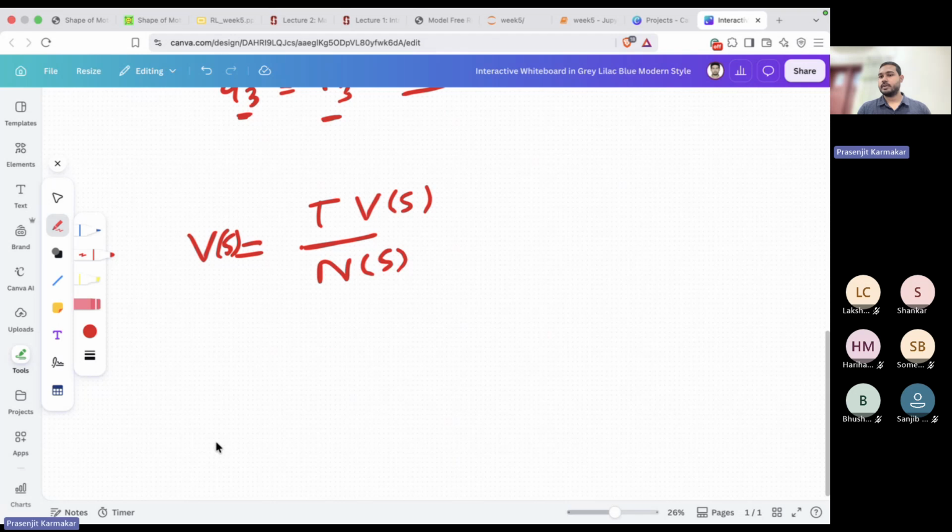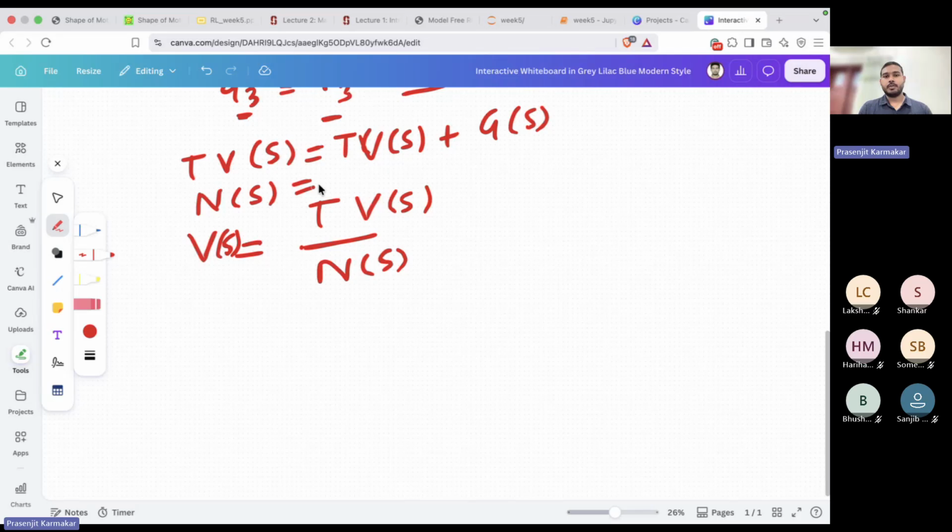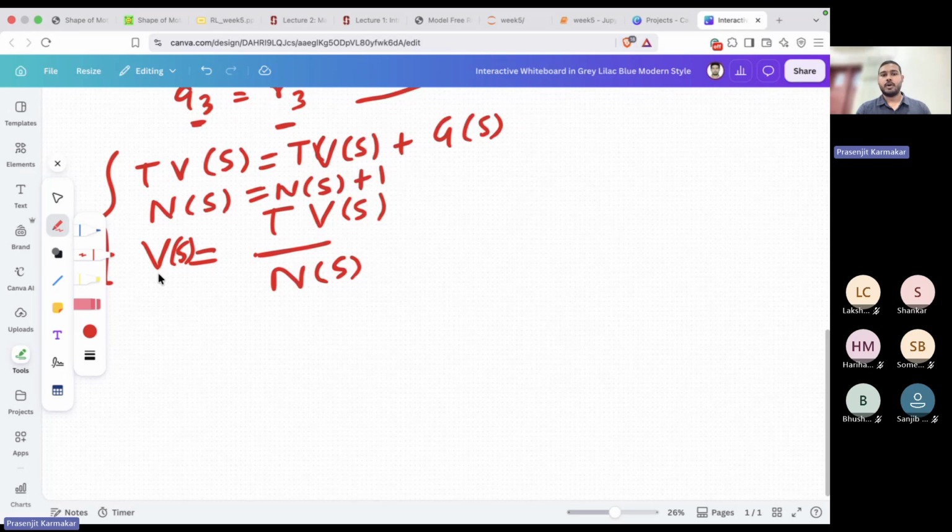Right? This is the thing. And now total value of S is actually what? Total value of S plus return of that state, and then n of S is equal to n of S plus 1. This is the thing that we are doing, right?